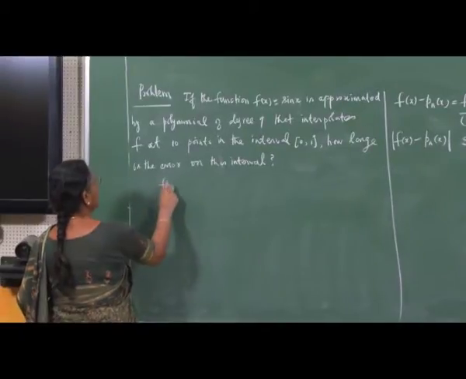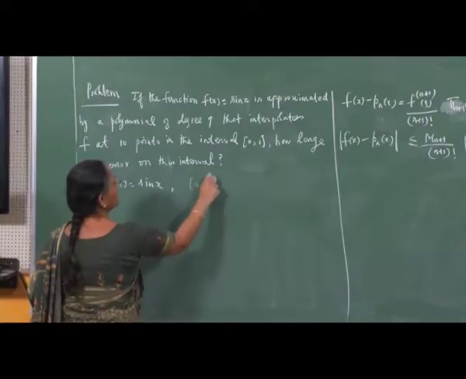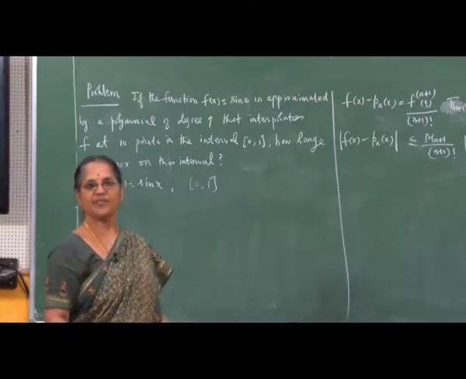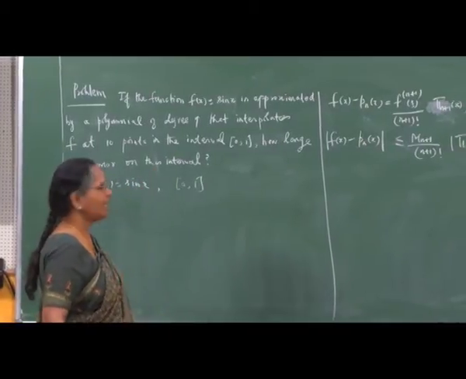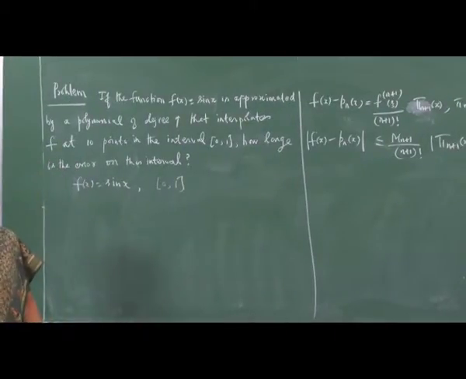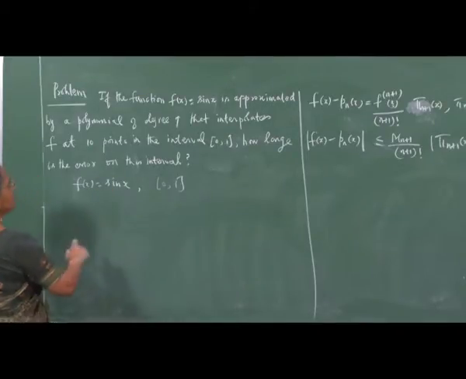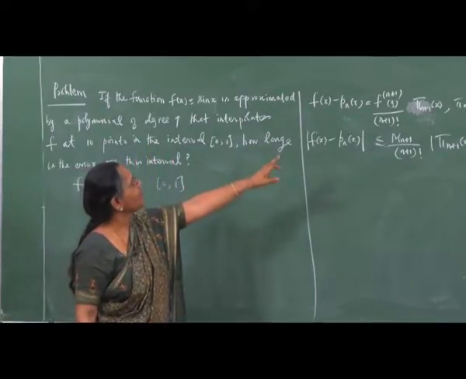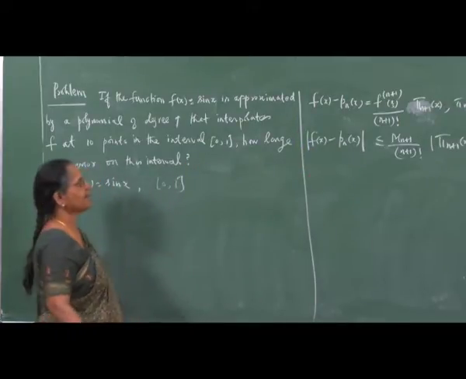We are given f of x equal to sin x, and we want to determine the error in interpolation when we represent this function by a 9th degree polynomial which interpolates sin x at a set of 10 distinct points. Let us first relate this formula with what we want and what we are given.